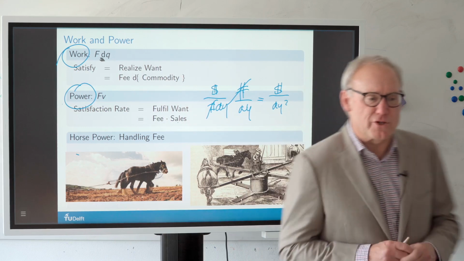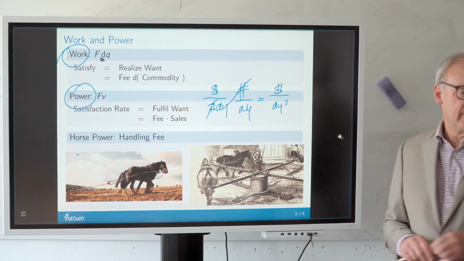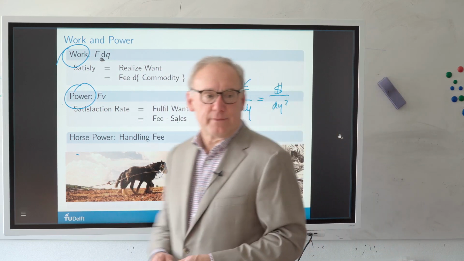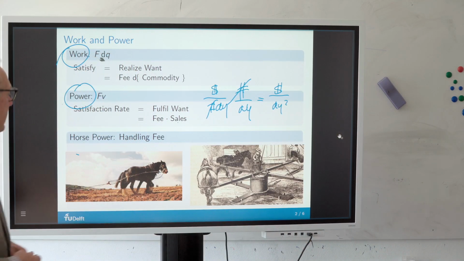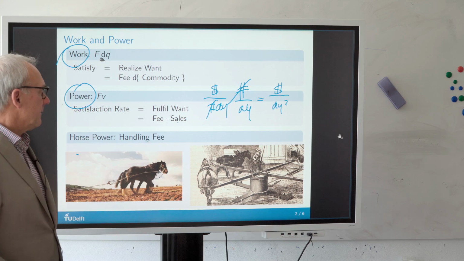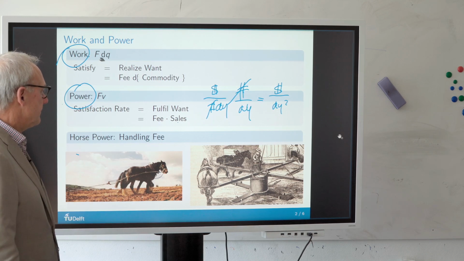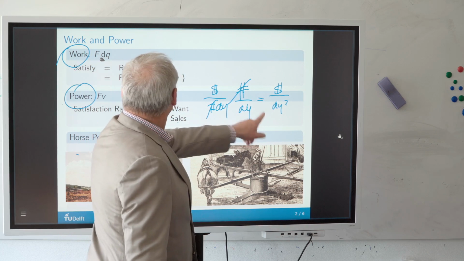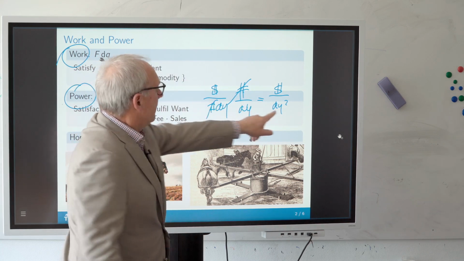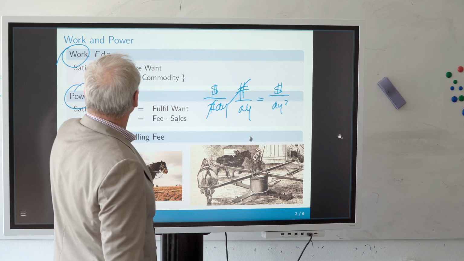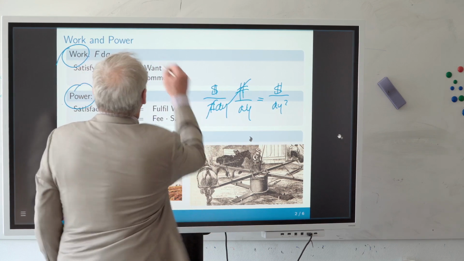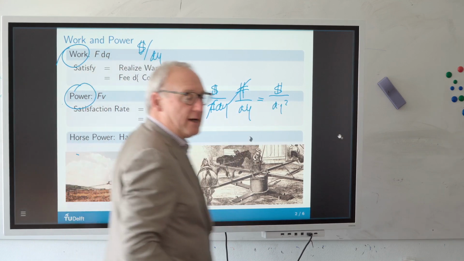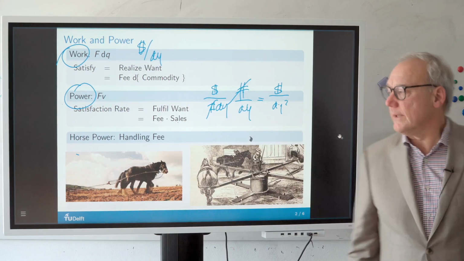Of course, horses are not going to be really good at making pins or anything, but putting them in boxes. But maybe a robot is, and he can get the fee. All right, so you see that, as you should expect, that this is the derivative, there's another unit of time here in the denominator.